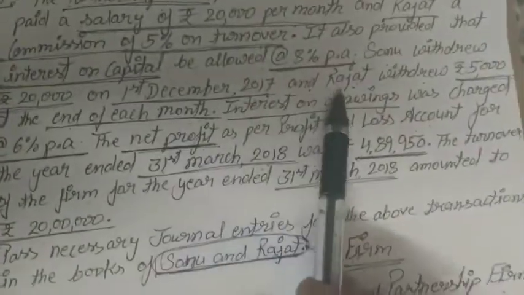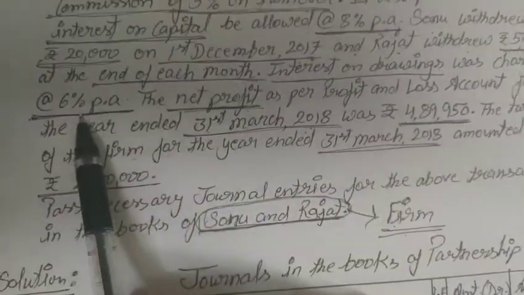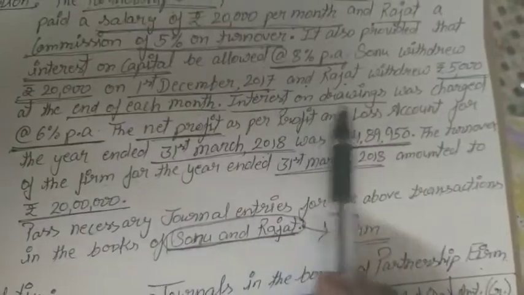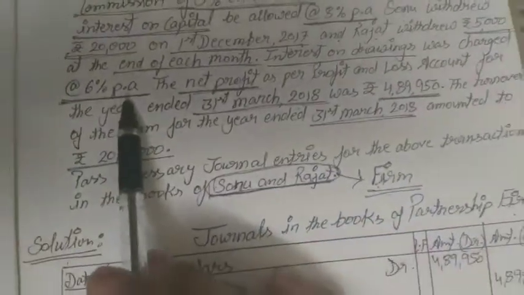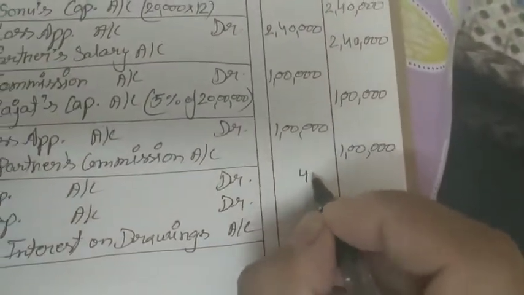There will be 4 months, so 4 upon 12, and the rate of interest is 6% per annum. Multiply 6 by 100, that is 400 rupees for Sonu. We have to write this side.